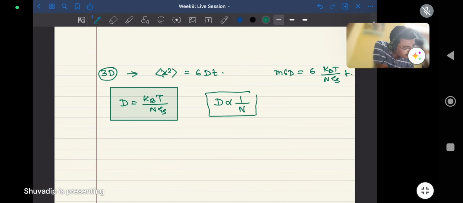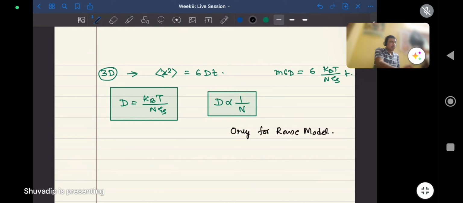But the important point here is that this is valid only for the Rouse model. So it appears that this is not exactly the correct relation, because we haven't taken into account the hydrodynamic interaction, the interaction with the solvent molecules in the solution.